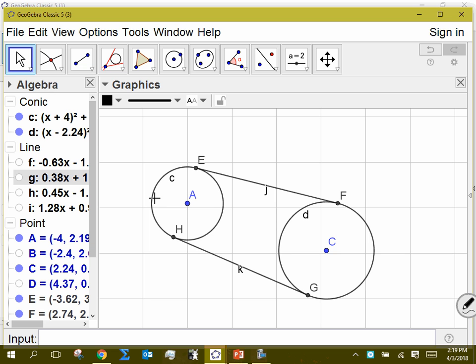The lengths of those things are directly related to the circumference of the circles and the distance the circles are from one another and the lengths of those tangent lines. Does that kind of make sense? We'll see maybe an example of how we can use this geometry in a real-life situation with belts on an engine or chains on a bicycle or something like that.